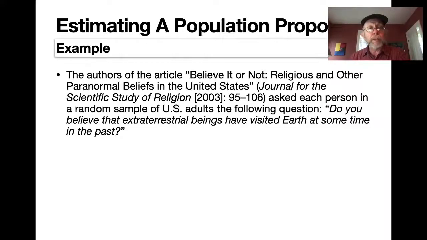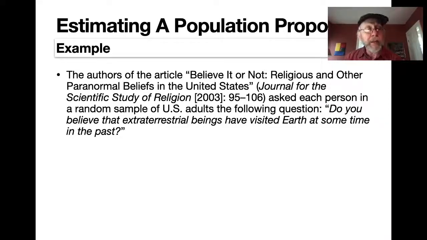The article was entitled Believe It or Not, Religious and Other Paranormal Beliefs in the United States, and it was published in 2003 in the Journal for the Scientific Study of Religion. The overall point of the article was to try to identify associations between people's religious orientation and their orientation towards paranormal beliefs of other kinds, like beliefs in ESP, for instance. But they also ask questions like the one you see here.